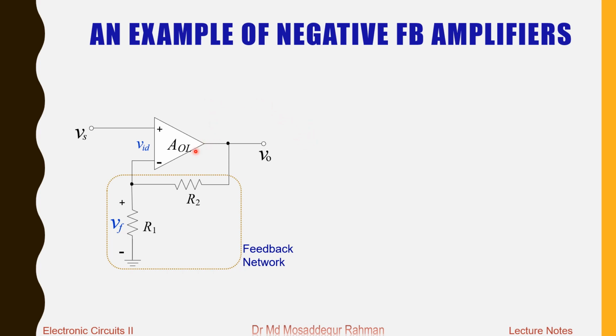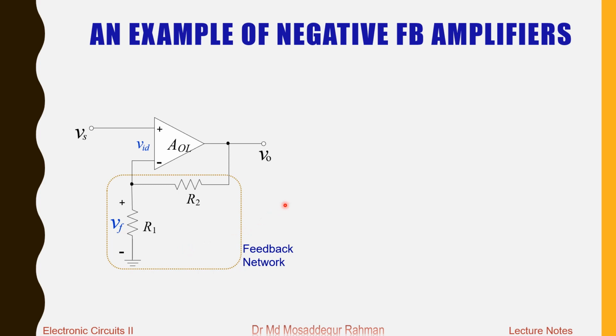See, this is an op-amp where we apply a signal voltage at the non-inverting input terminal, and at the inverting input terminal we have two resistors, R2 that connects the output to the inverting input terminal, and R1 that connects the inverting input terminal to ground.